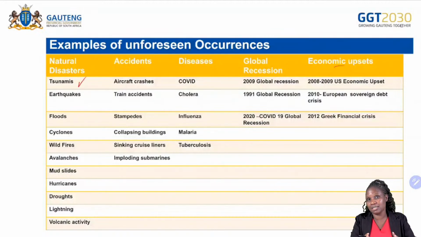It's a natural disaster. Okay? It is not planned for. It happens in the sea. For example, it is prone in Japan. All right? It happens in the sea, then it washes out to land, then it turns to other countries, killing a lot of people, killing a lot of animals, even destroying the infrastructure.